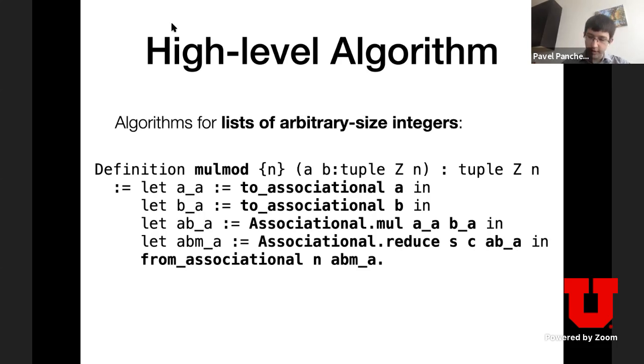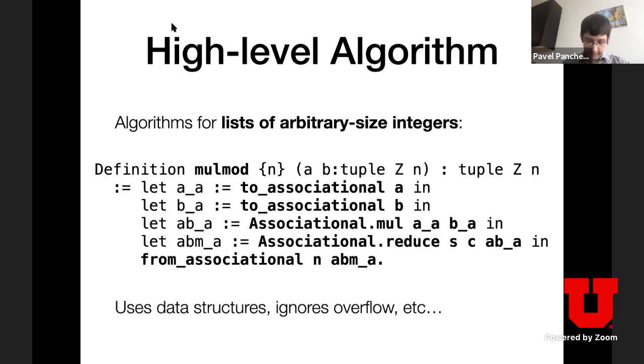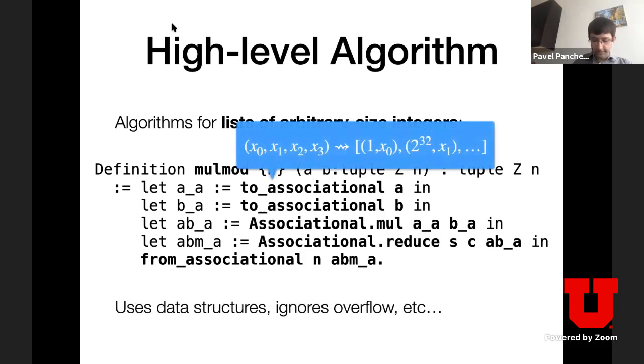So in fact, if you look at this code, what it does is it first converts this list of coefficients into this weighted product representation. So the weights like 1 and 2 to the 23 are represented explicitly. So it converts A and B into that form in these two lines. Then it does multiplication of numbers in that form. And that is quite simple because you can do this just for all pairs in both lists. Then it groups like terms together.